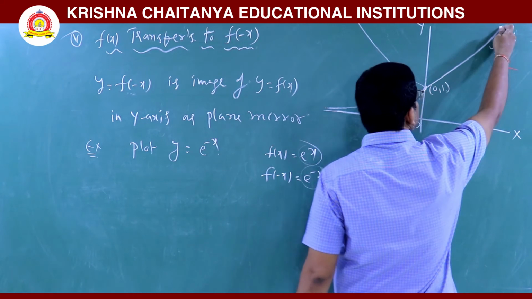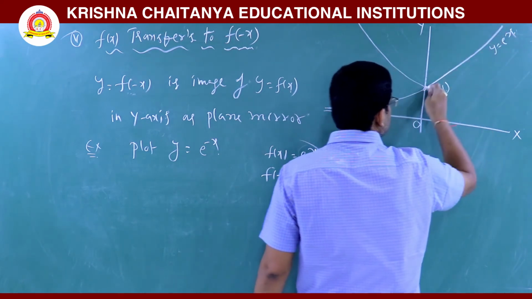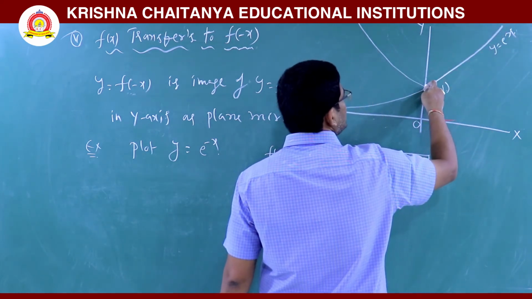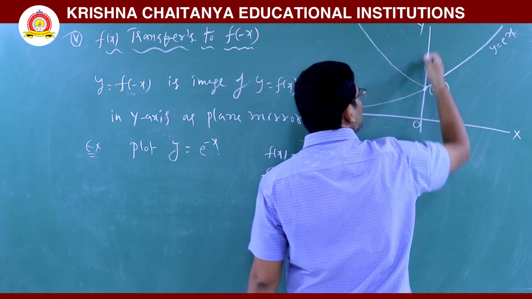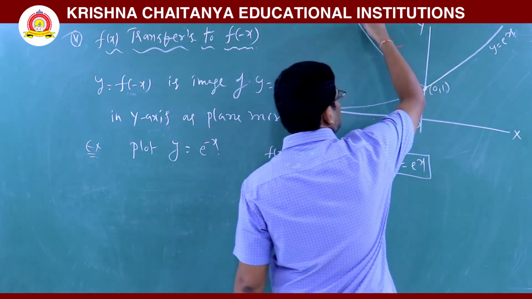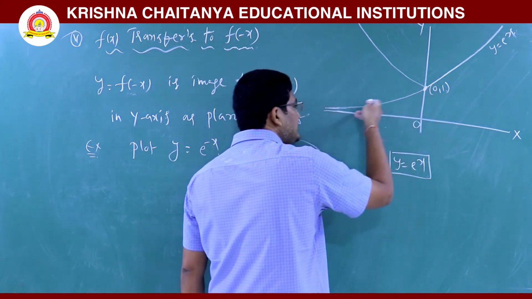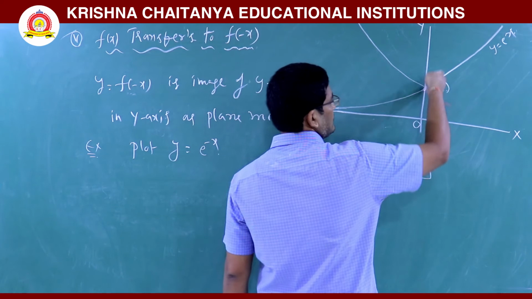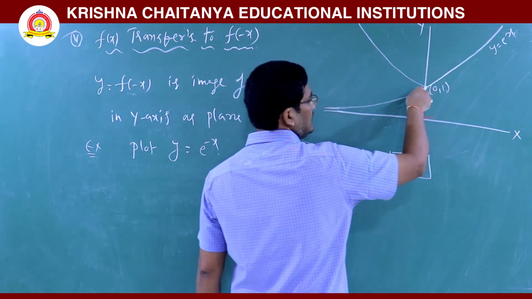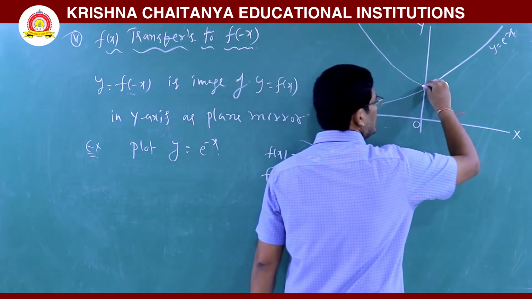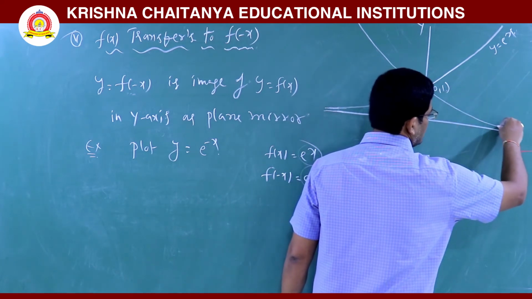What is the image of this part? The image of this part with respect to the y-axis is this one. In this way, it is also y equal to e power x. We need the image of this part; since it is a mirror, the image should be like this.